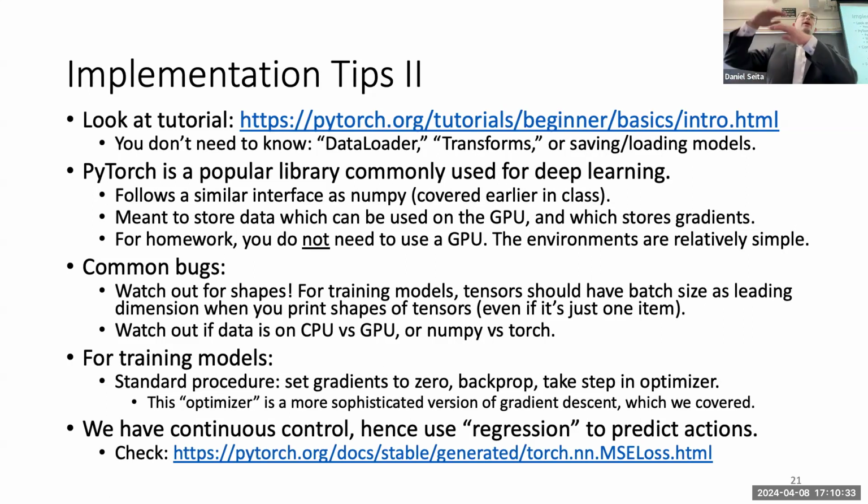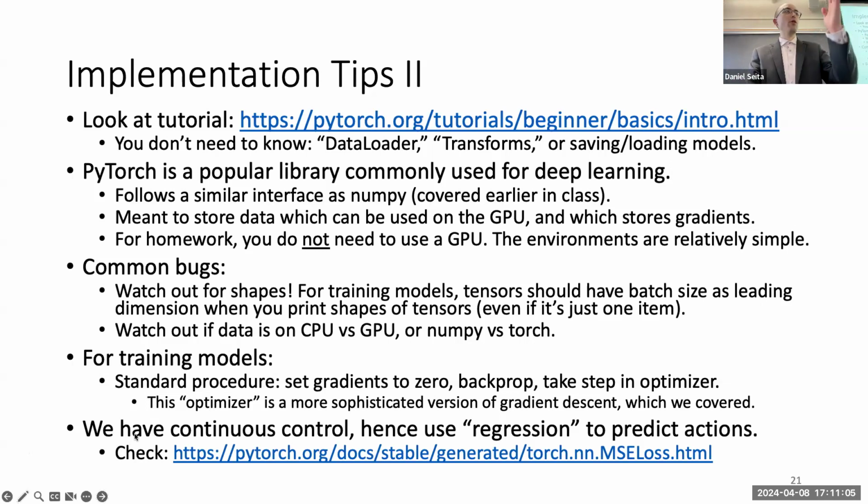The bigger the mini batch size, the better the gradient approximation is because you get more information there. Again, this is the same thing that you'll have to do. It's very standard. If you look at tutorials on how to do PyTorch for image classification, you'll see the same procedure: set gradient to 0, backprop, take step in optimizer.